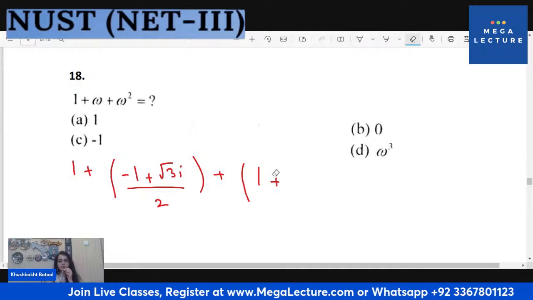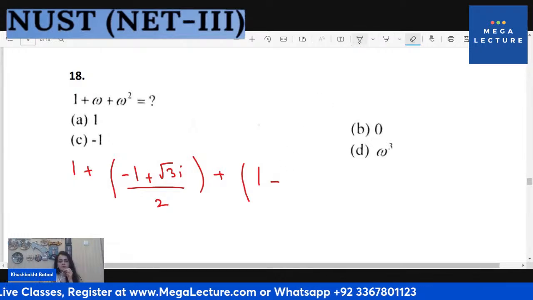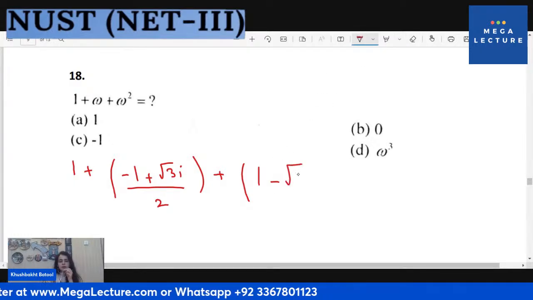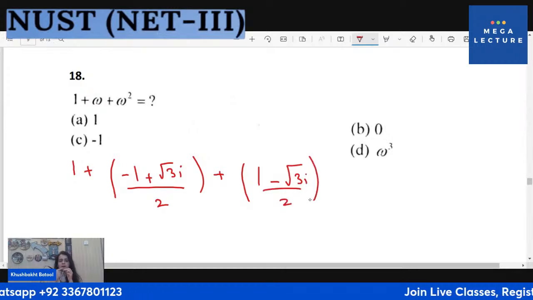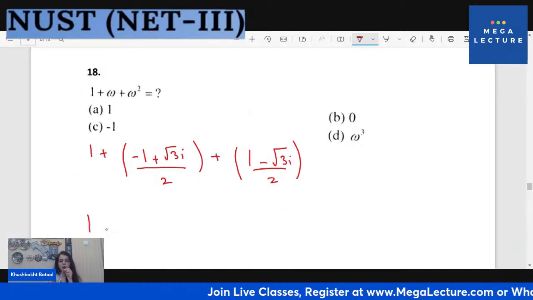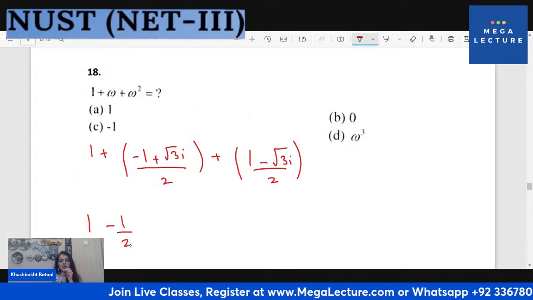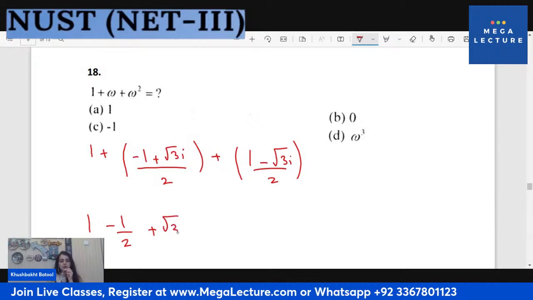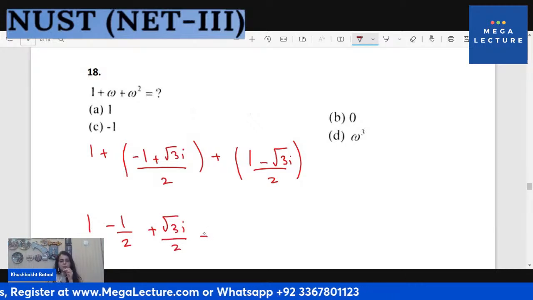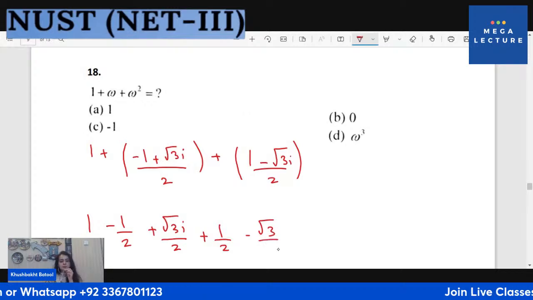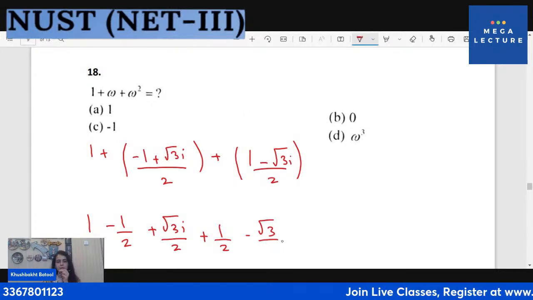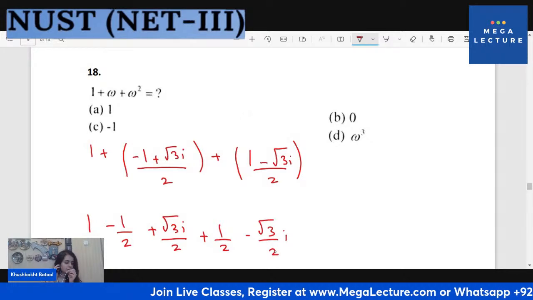It is with a negative sign, root 3 iota divided by 2. All right, this is what it is. Now we are supposed to add it up. So it would give you 1, minus 1 by 2, plus root 3 iota by 2, plus, minus 1 by 2, minus root 3 iota by 2.